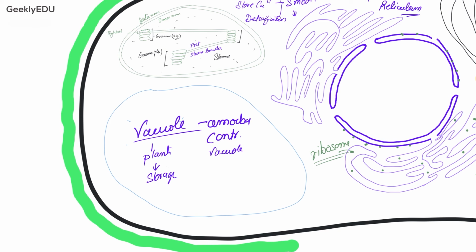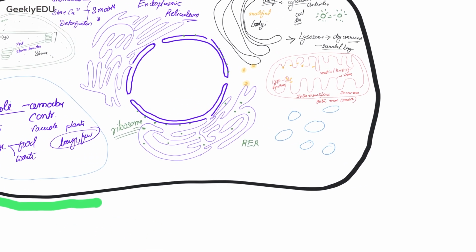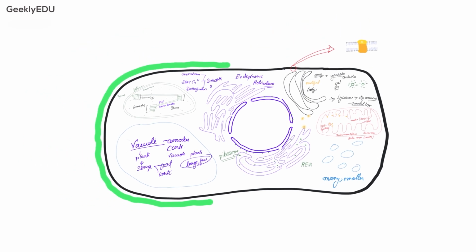The storage can be of food, the storage can be of pigment, it can be of waste products as well. Plants always have large but few vacuoles. On the contrary, animals always have many but smaller vacuoles. So I hope this establishes some clarity between the various organelles of the cell.